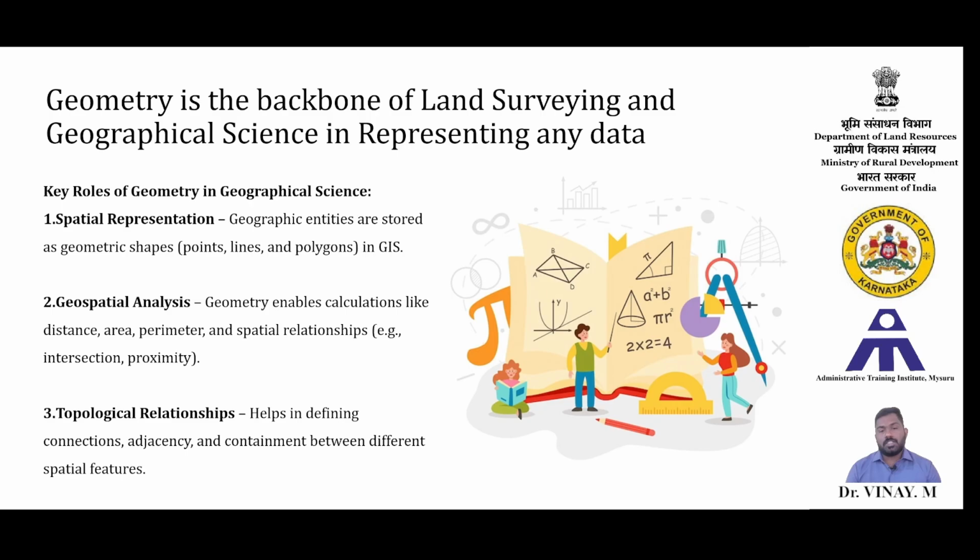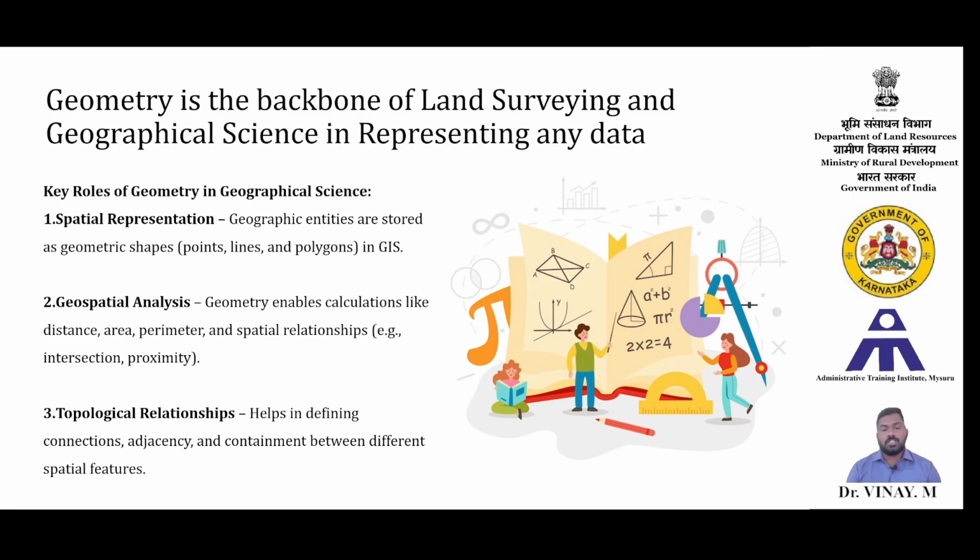Then the spatial relationship: how one particular feature shares a relationship with another particular feature, whether it is intersection, proximity, adjacency. We have a lot of topological relationships in that, which help us. The topology is nothing but the study of features.